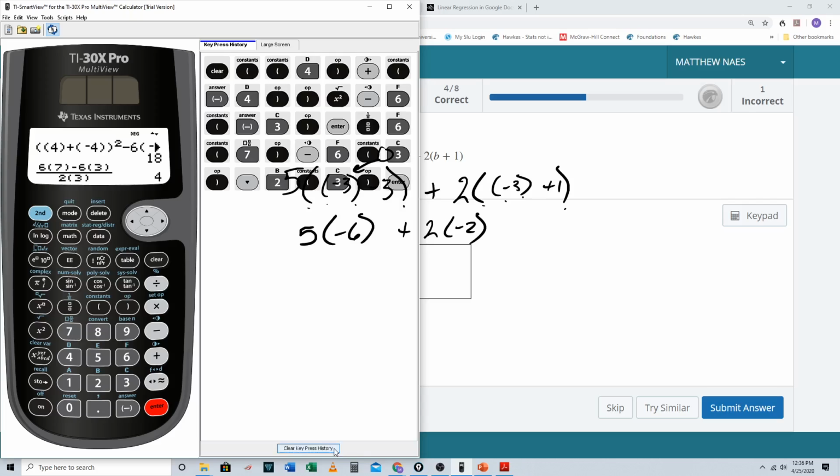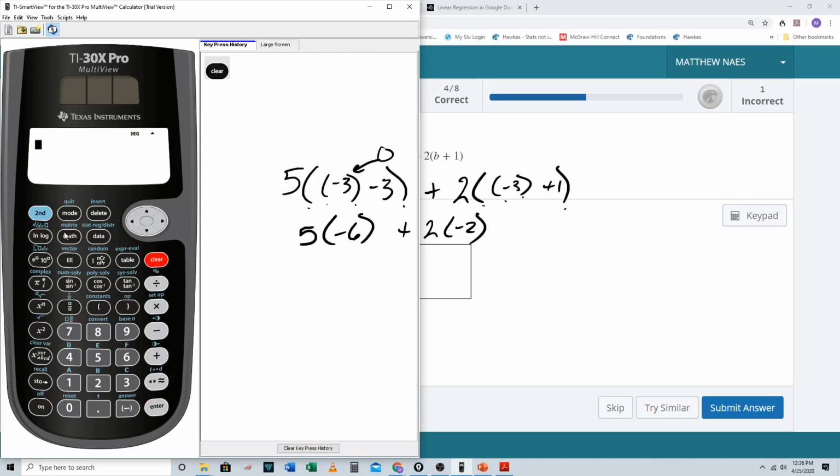It's fine. So let me clear, and I'm plugging in the top one. 5, 2 parentheses, -3, close the parentheses. Minus 3, close the second parentheses.